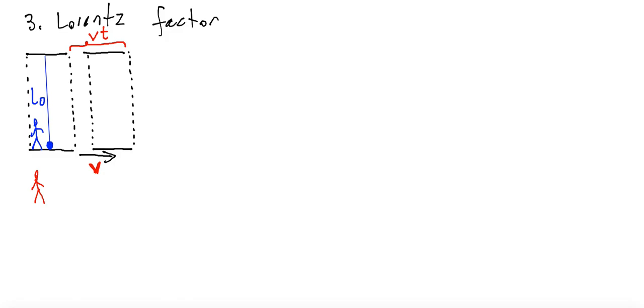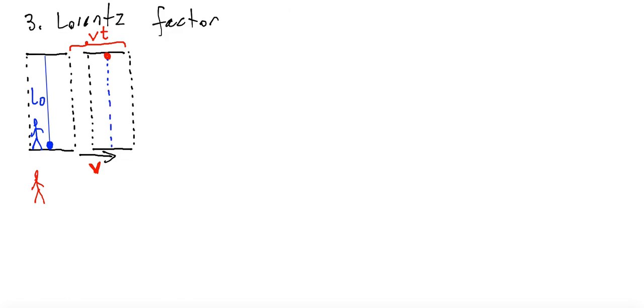I said that the photon, observed by the observer who is inside, travels this vertical path. This is the distance observed by the observer who is inside. What is seen by the observer who is outside?